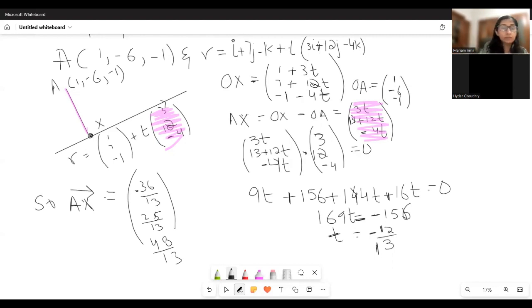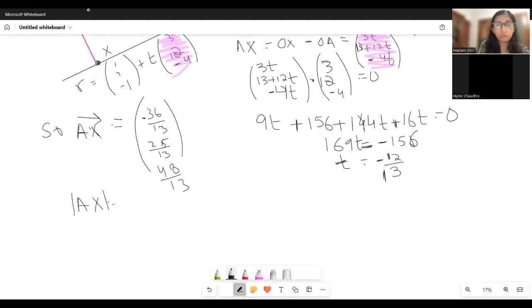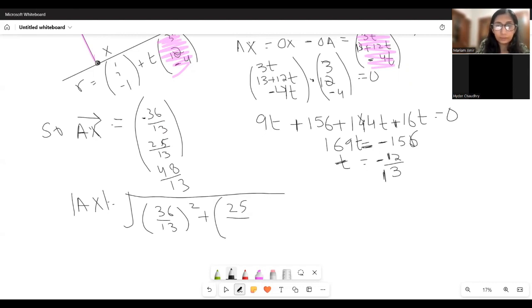And then we find the magnitude, which will be the square root of the squares of all of these: square of 36 by 13 plus square of 25 by 13 plus square of 48 by 13.